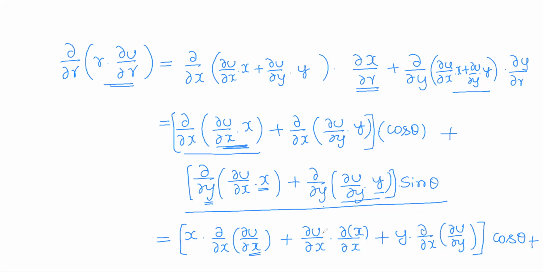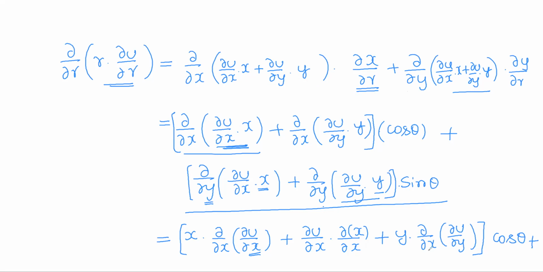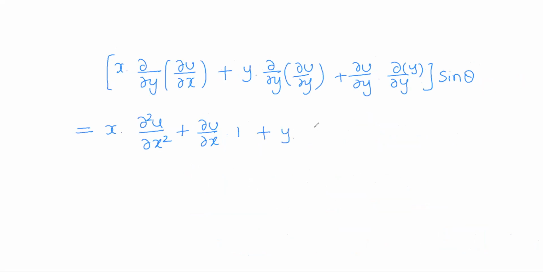So it is twice. So dou u by dou x into differentiation of x with respect to x is 1, so dou u by dou x into 1, plus y into dou by dou x of dou u by dou y, which is written as y into dou square u by dou y dou x.